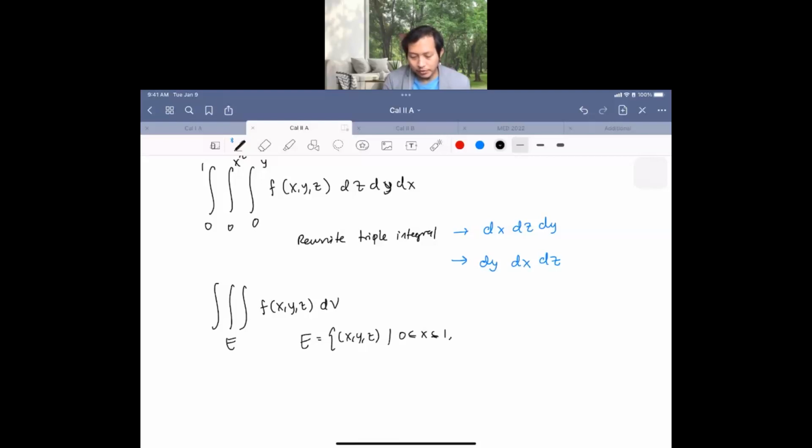So x is from 0 to 1, and then y is from 0 to x squared, and z is from 0 to y.